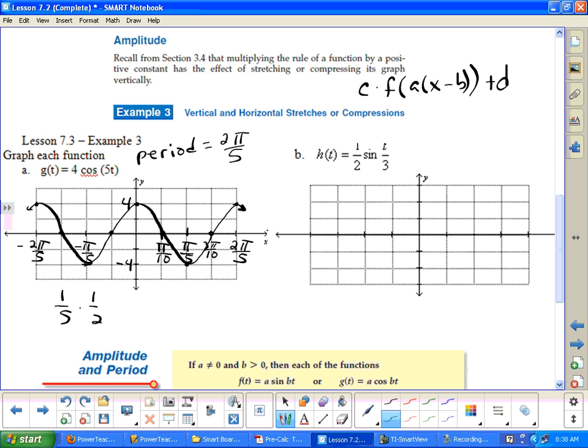So let's look at letter B here, 1/2 sine of t divided by 3. And what I want you to do first is draw the graph of sine. We're just going to first draw the graph of sine. Sine starts at 0, right? Okay, and it goes up to 1, 0, -1, back to 0. Okay. So I'm going to go up to 1.